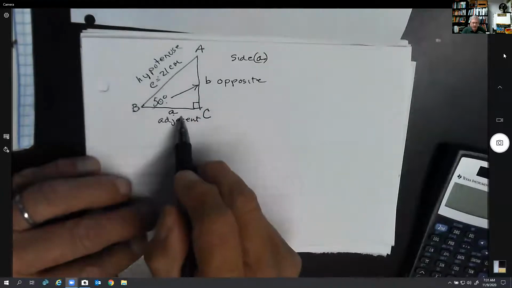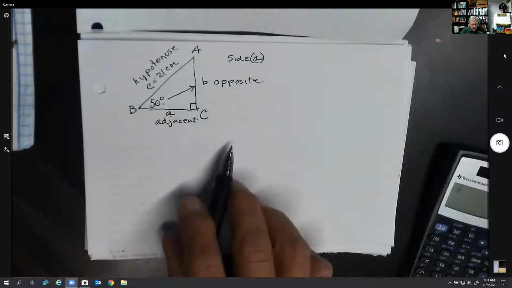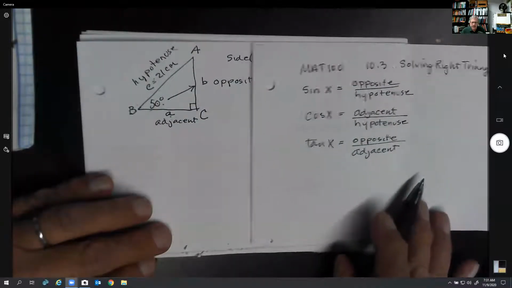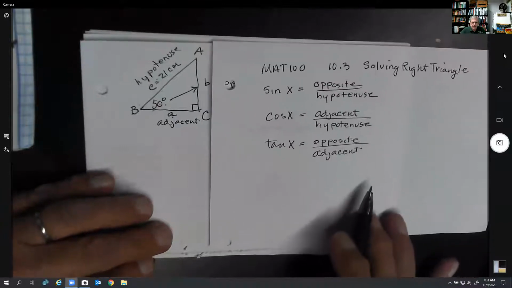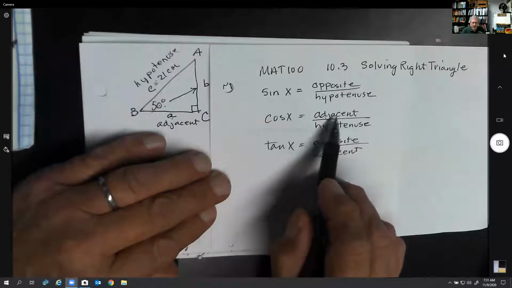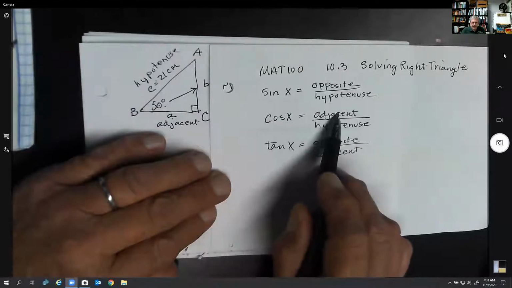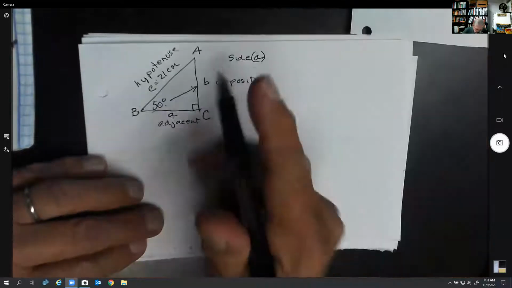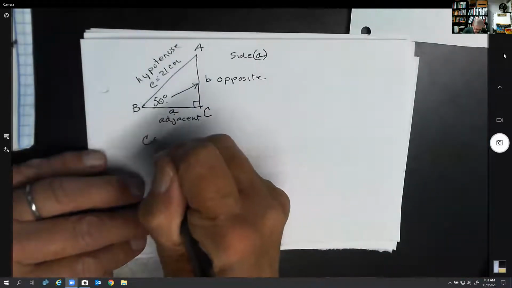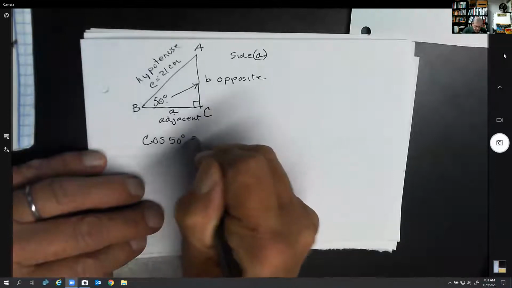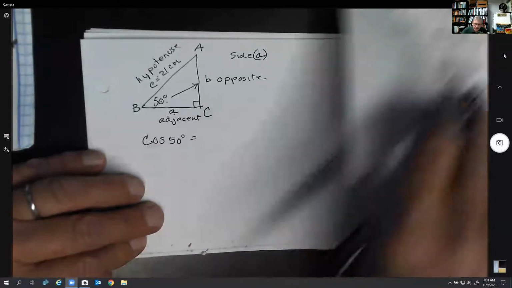So we need a relationship that involves the adjacent and the hypotenuse. The only one we have here is cosine. Cosine involves the adjacent and the hypotenuse. So we're going to say the cosine of 50 degrees is equal to what?